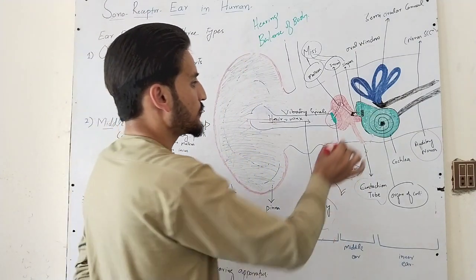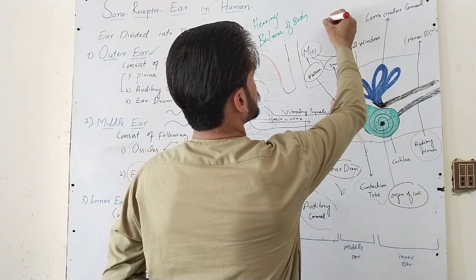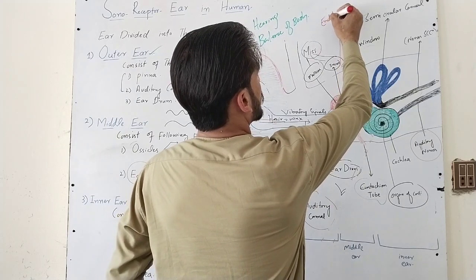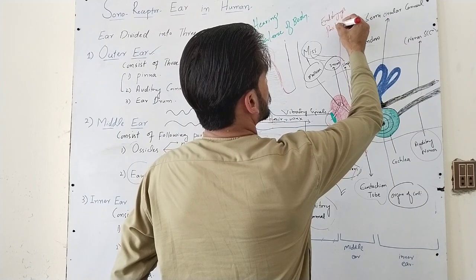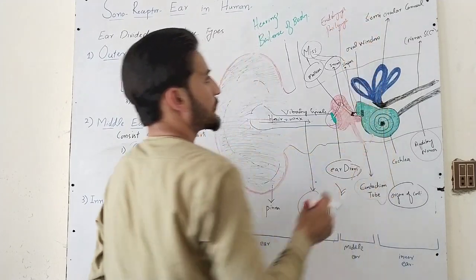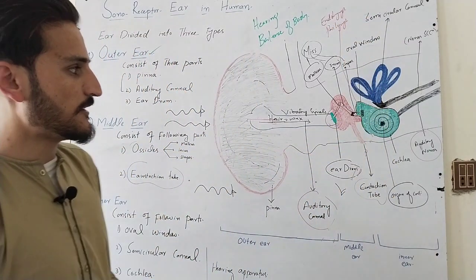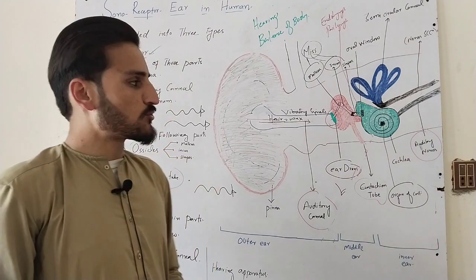The cochlea has two types of fluids present: the first is endolymph, and the second is perilymph. These two types of fluid are responsible for detecting sound waves.